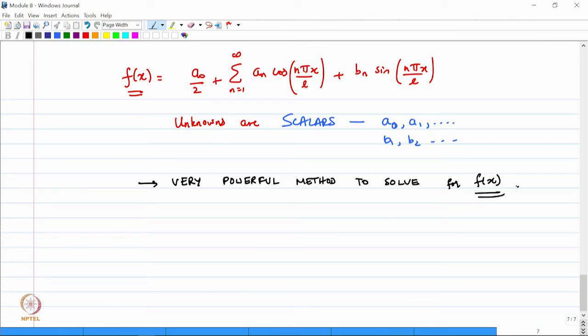Instead of having a function as an unknown, you have all these scalars as unknowns, and we will see how this can be used to solve differential equations. This is extremely useful in solving differential equations, both analytically and numerically.